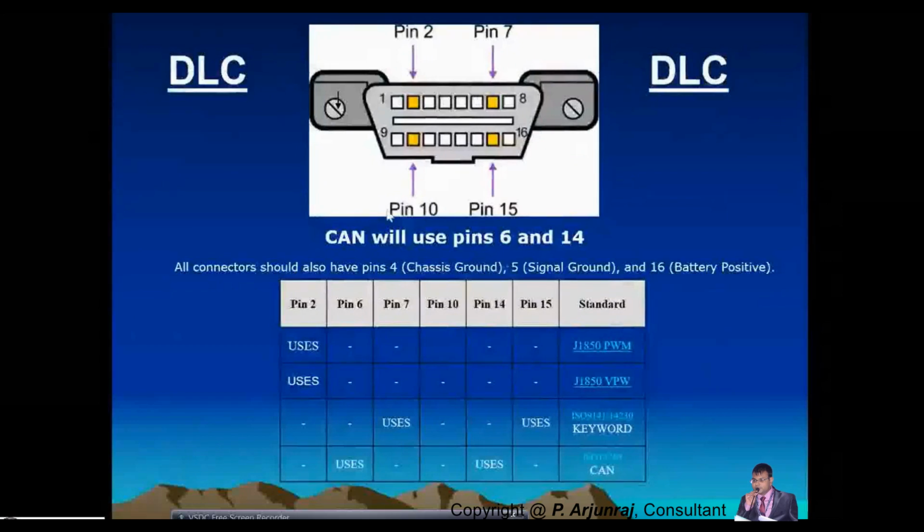Here the pins have different configurations, pin 6 and pin 14. You have different connectors for different things like chassis, batteries, and ground. You have different pins for different applications, and the number of pins also varies with respect to the different connectors for different applications.